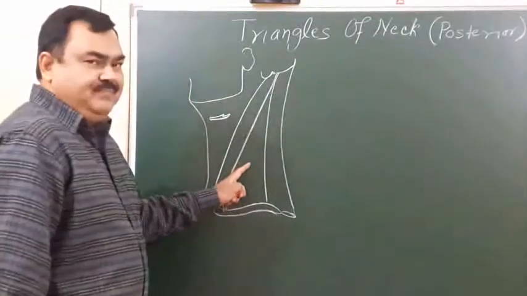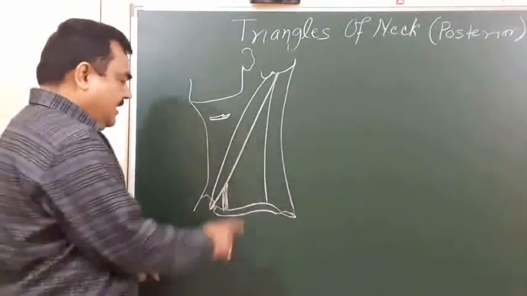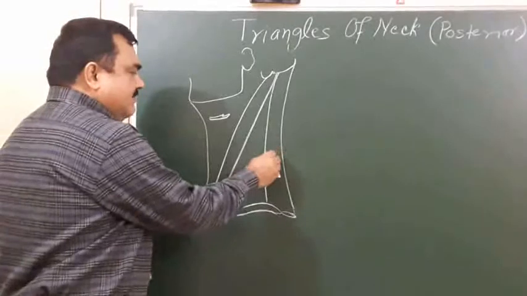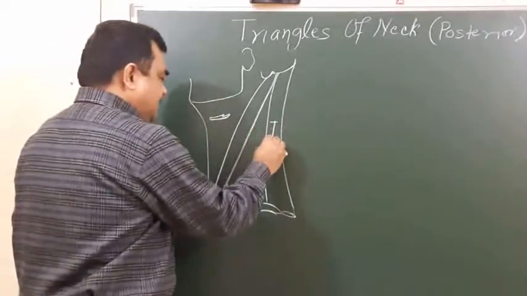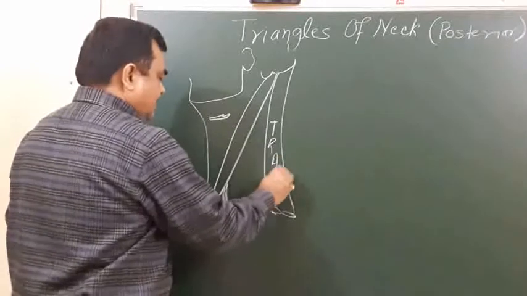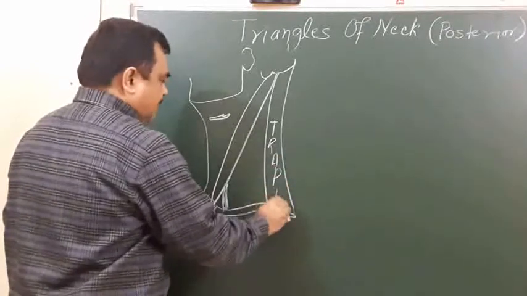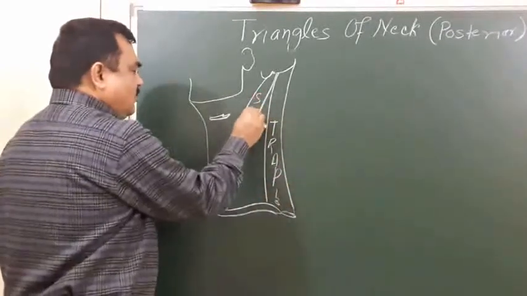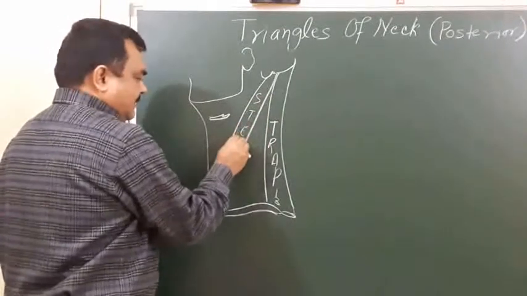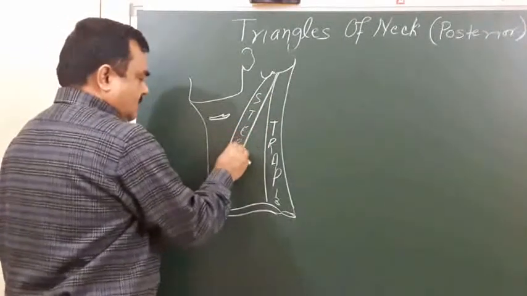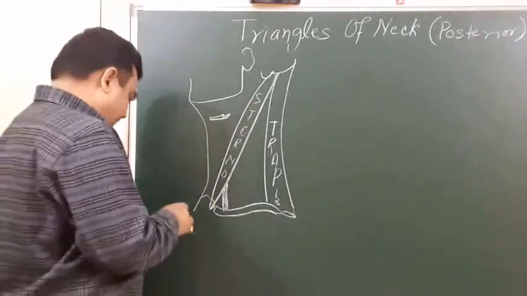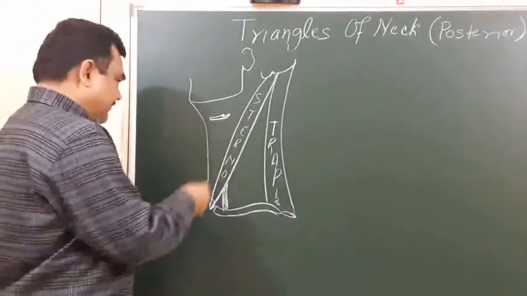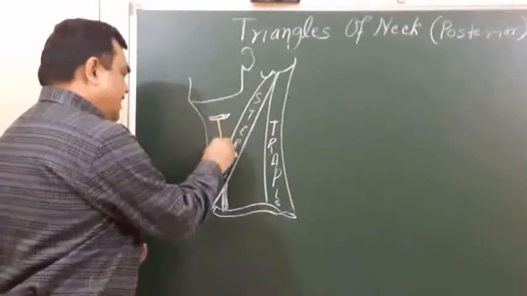In this diagram, the side of the neck, you can see this muscle is trapezius. This muscle is sternocleidomastoid. And here there is another muscle attached with the hyoid bone.